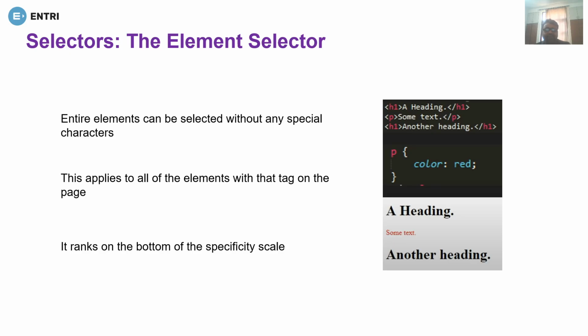For example, you give the color as red, and in another way, I specify the color as green using a class selector. Then the class selector will be applied, and for the element selector, you will not be able to see those changes. Okay, so it will be overridden. The effects will be overridden by a class or ID selector.